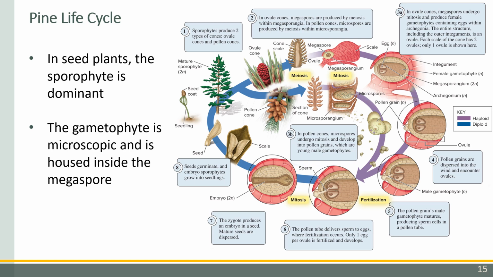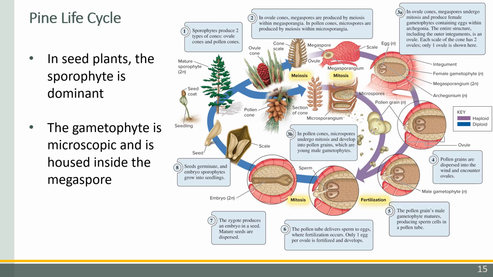Up on the top here where we have our female cone, that female cone is going to have a structure called a megaspore. That megaspore is inside the scale of the cone, and the megaspore is contained within the megasporangium. So the only difference here is that the sporangium is getting bigger, so we call it the megasporangium.